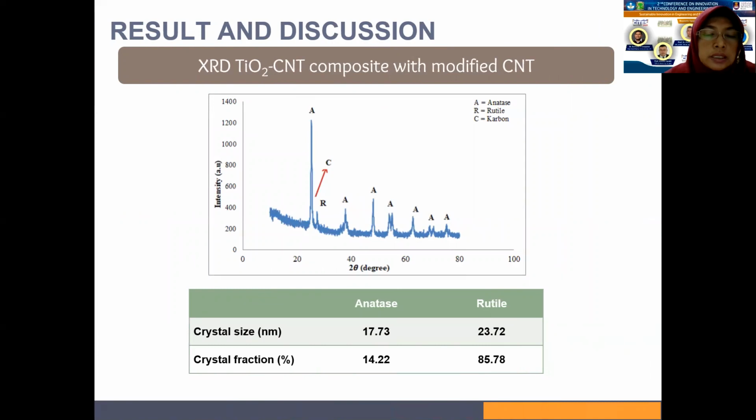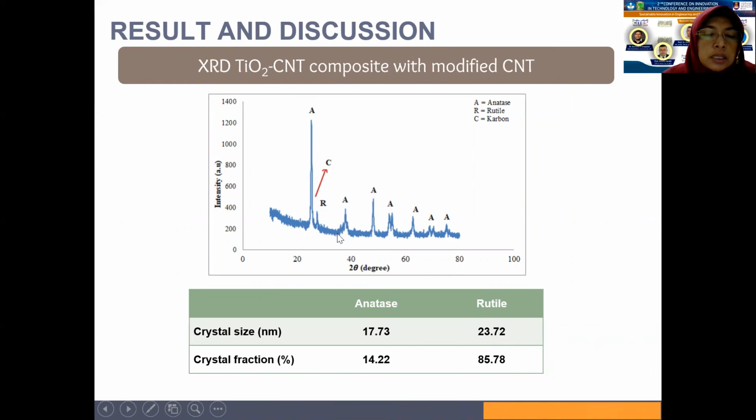From the XRD analysis, you can see the anatase, rutile, and the carbon.